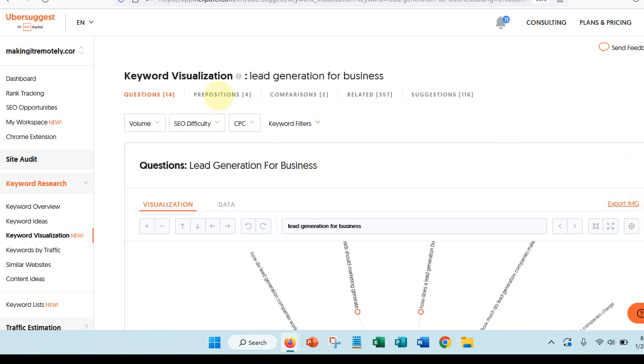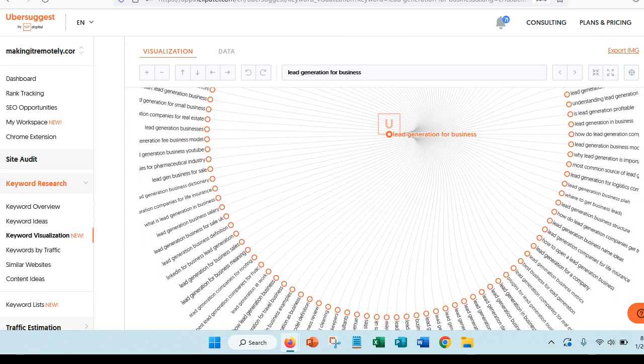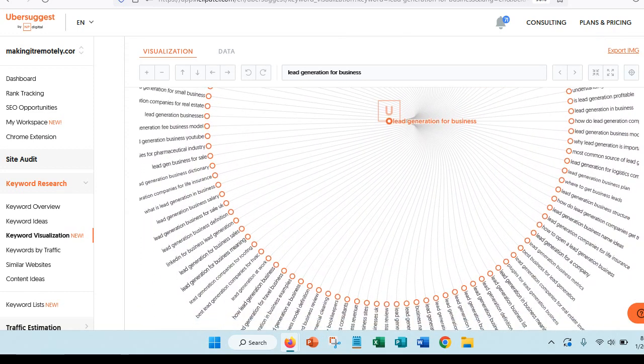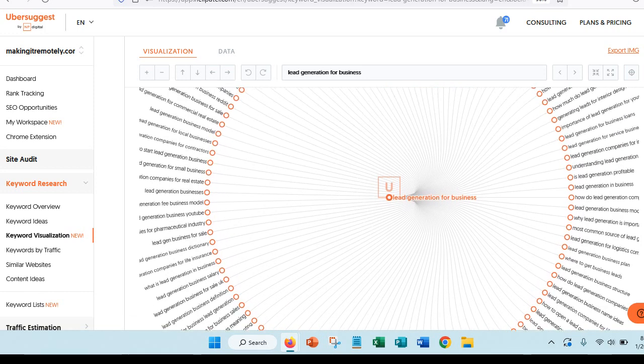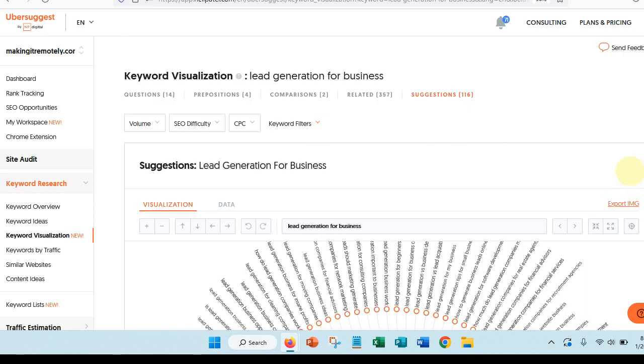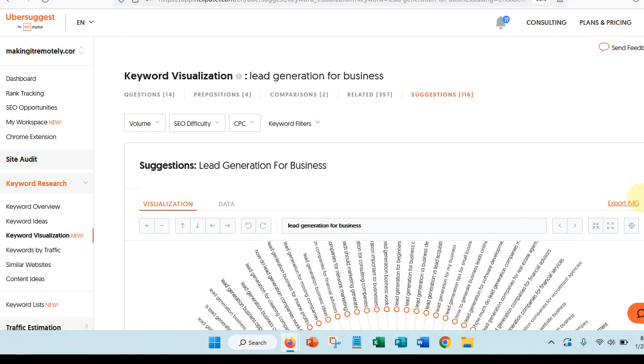And then you have prepositions, you have comparisons, you have suggestions. And see, when you do suggestions, look at all the different suggestions. These are keyword suggestions that you can use to get related topics to your subject.